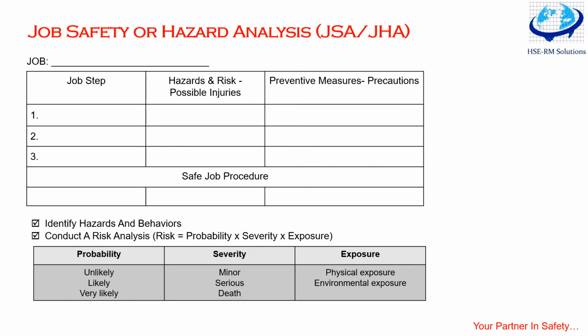Severity is essentially how serious the injury or illness will be as a result of an accident. So here again, let us keep 3 simple words: minor, serious or death. So what does minor mean? Minor means other than serious physical harm, one that does not prevent the employee from continuing work in the same job.